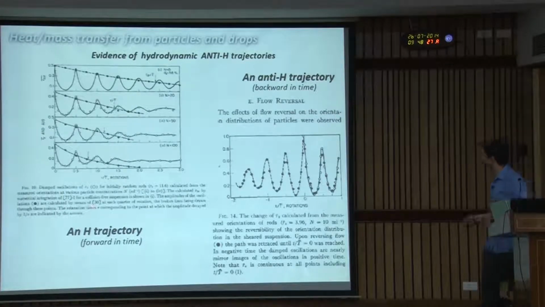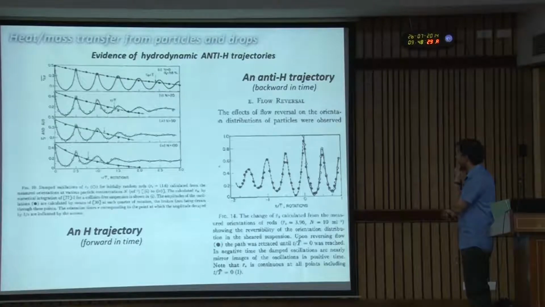Okay. So this is taken from Mason's article. I'm sorry, maybe I didn't cite it. Mason was a very prolific experimentalist in the 50s to 70s. He has lots of very nice experiments that really go on to verify many of the things that I said about peculiarities in Stokes flow.